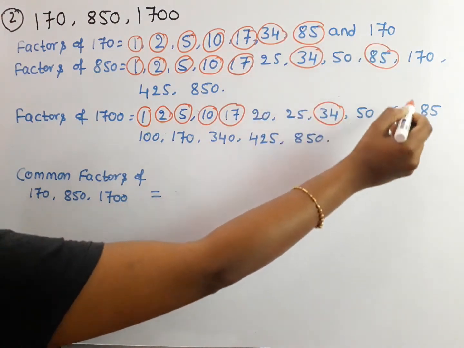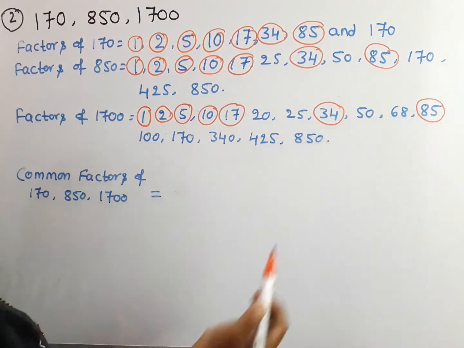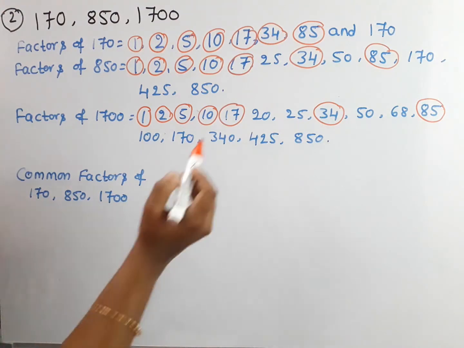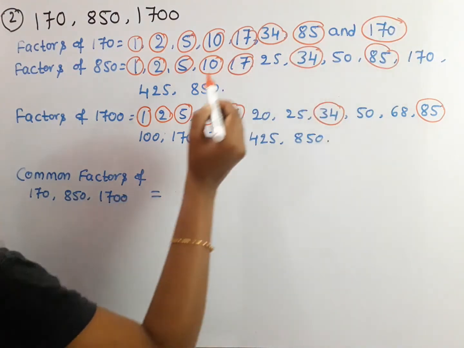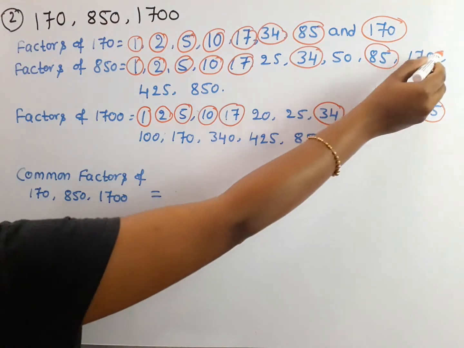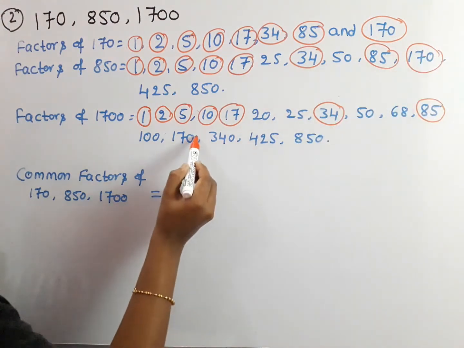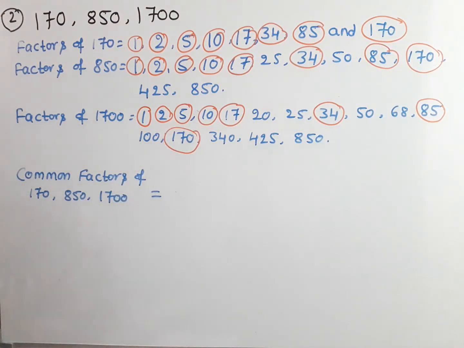Then 85 is a common factor of these three numbers. Then 170 is a common factor of 170, 850 and 1700.